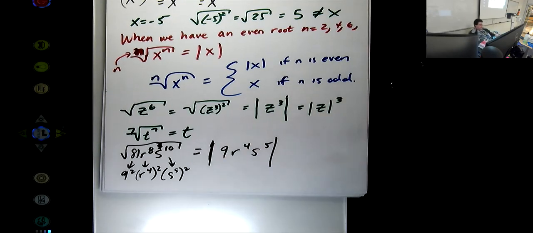That's the actual result. And then we don't need the absolute value for everything there. What doesn't need to stay in the absolute value? What's going to be positive no matter what?